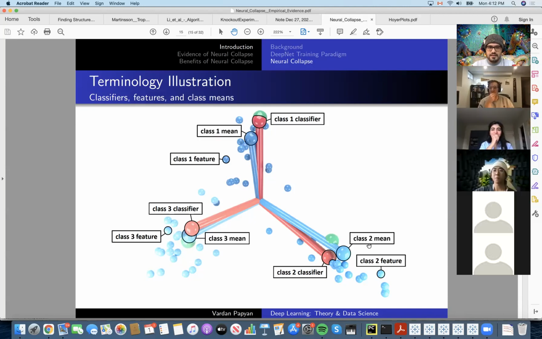The large blue spheres are the class means of the different features. If you were to average all the small spheres in a certain class, you would get the class mean, which is the large sphere.